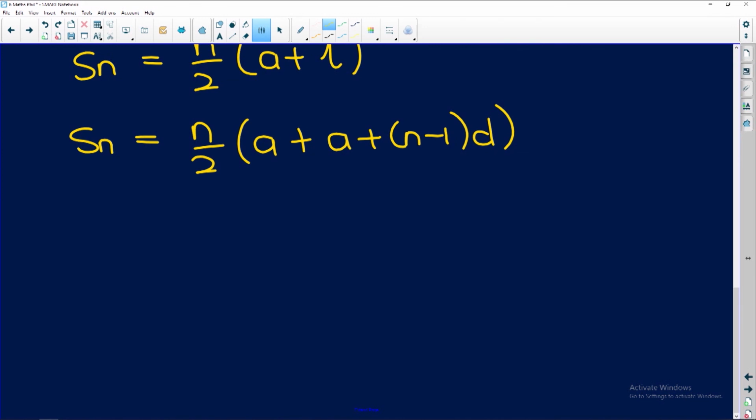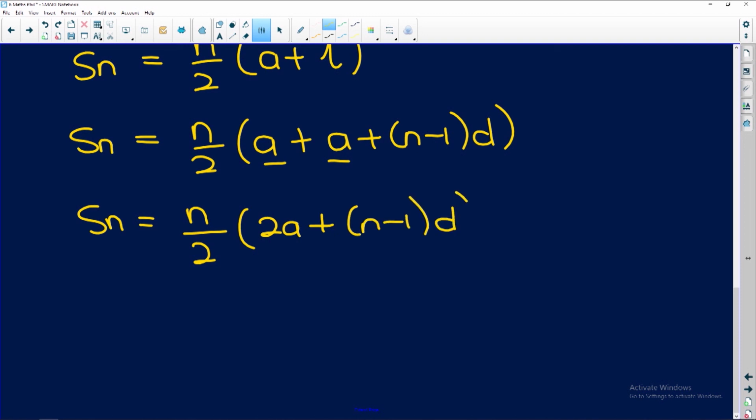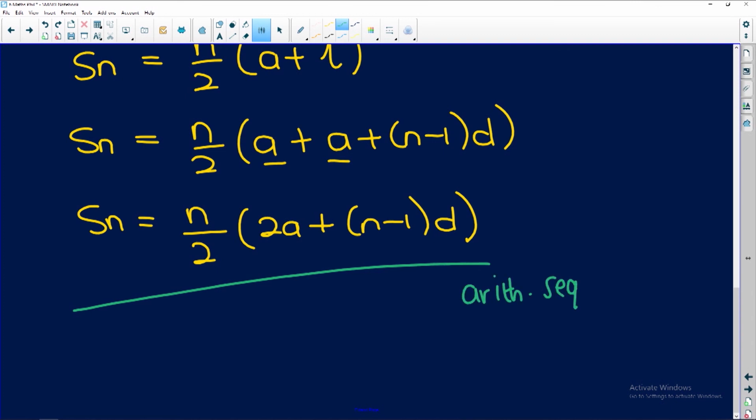Now we just simplify. Sn is equal to n over 2 into A plus A, which is 2A, plus n minus 1 d. Remember, that is the sum of an arithmetic sequence all the way to term n.